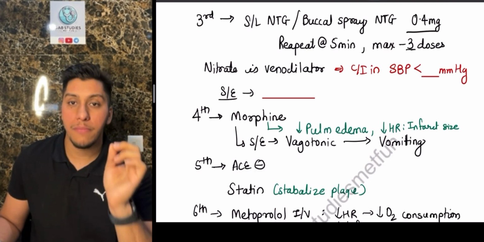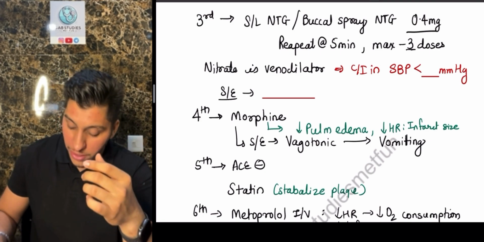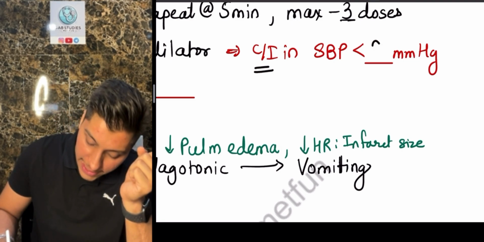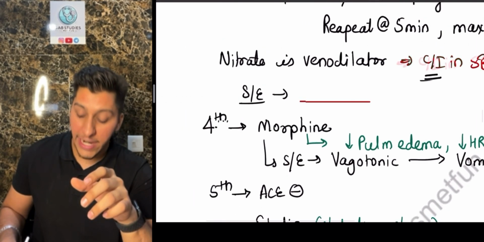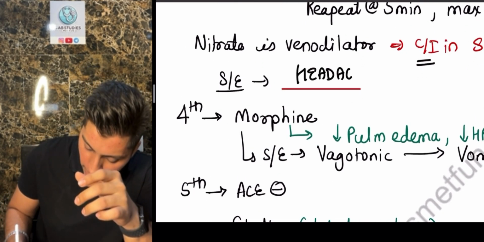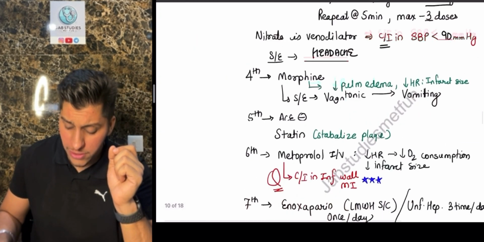Okay. Now remember the problem with nitrates. Nitrate is a vasodilator, so it is contraindicated when the systolic blood pressure is less than 90 mmHg. It will further drop it. The side effect of nitrates is that whenever you give it, the patient will complain of a severe headache. Okay, another PYQ. After this, you can also give morphine.